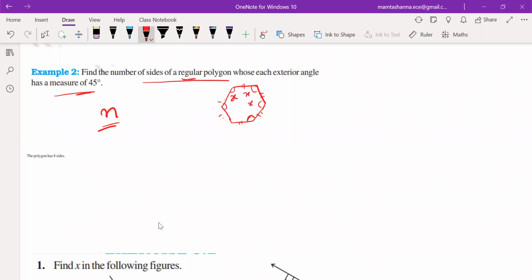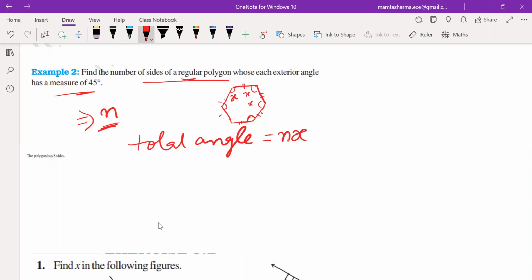I don't know the number of sides, so assume my number of sides is n. N is the number of sides in this polygon.